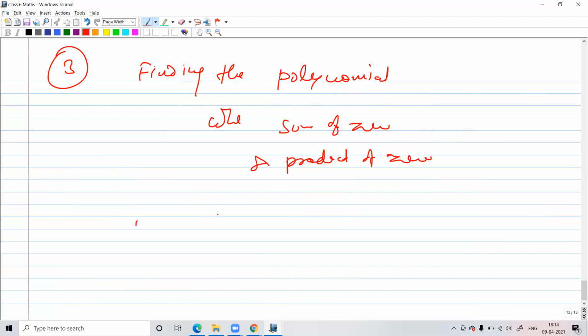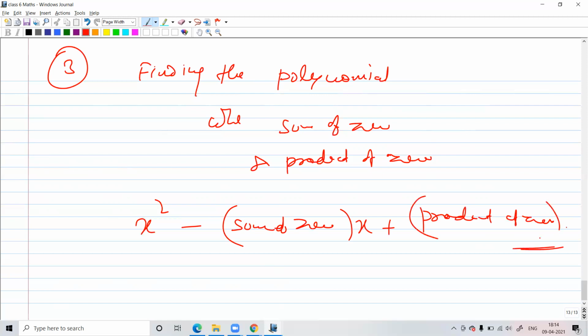And what was the formula? x square minus sum of zeros into x plus product of zeros. So these are the 3 types of questions which we have learned so far, and these are very, very important. Tomorrow I will give you questions based on all 3 types. So go through the recordings, whatever you have, and make sure you get comfortable with all these 3 types. Okay, then that's it for the maths class.